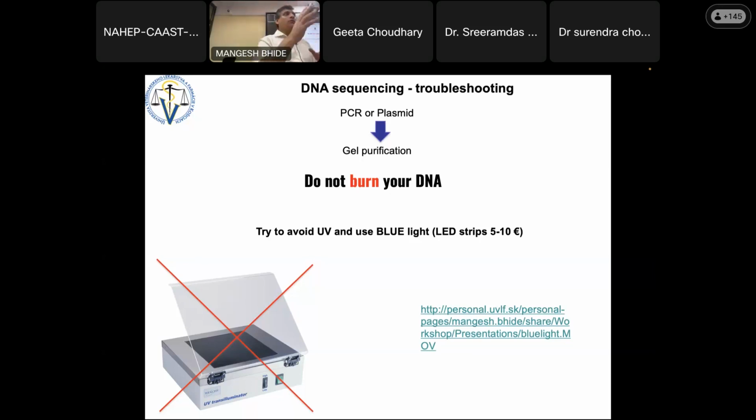You put it on the transilluminator and cut; all bands are exposed. For example, this band you cut in 10-15 seconds, but unfortunately this will also be exposed, and so on. So by the time you come over here, it is gone.